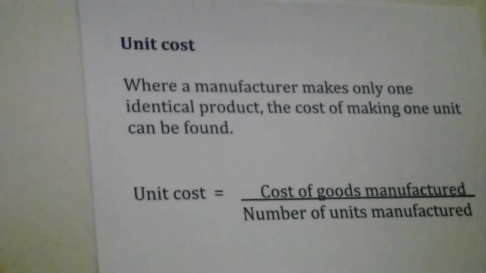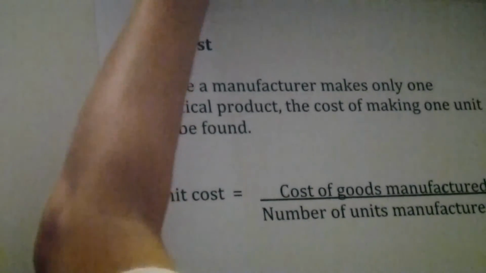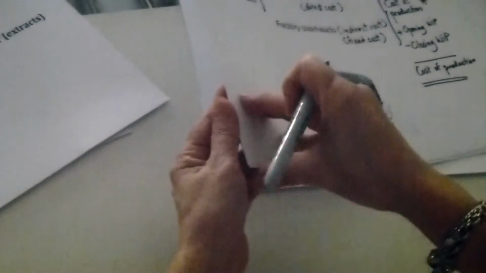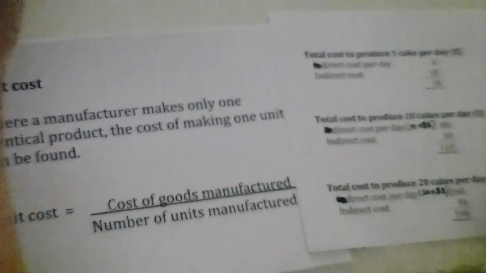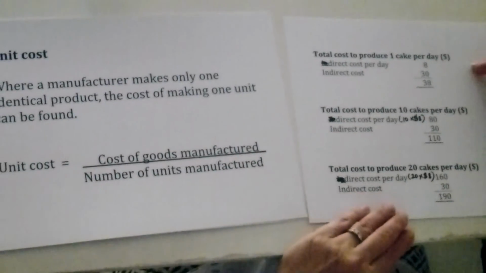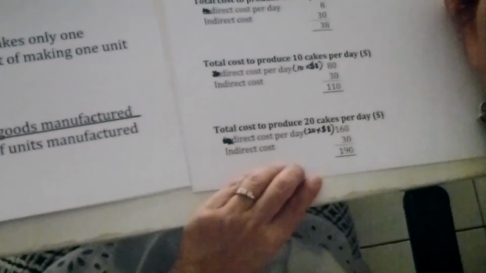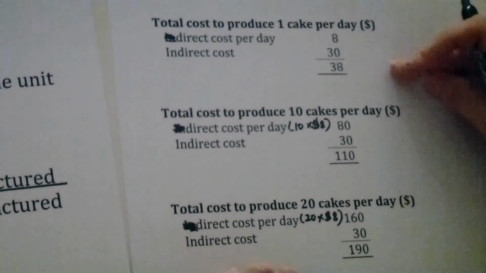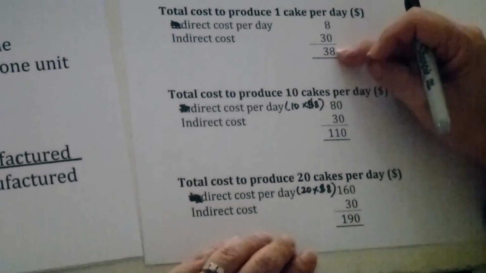So here, if I'm going to use this one here, say for example, I'm going to look for the unit cost of producing one cake. And obviously, my total cost of cakes manufactured is 38.